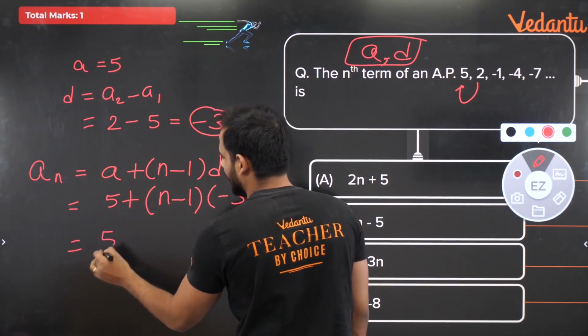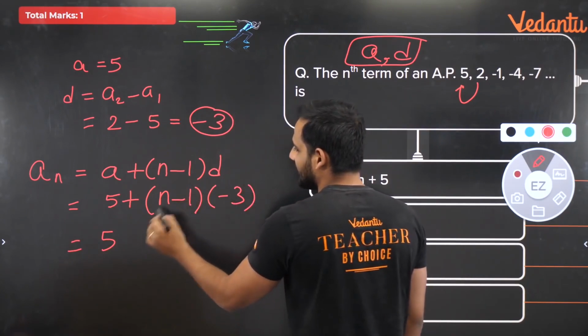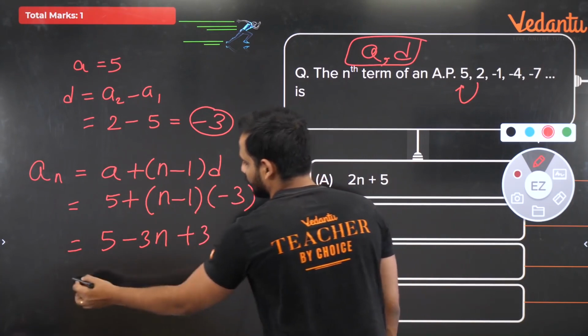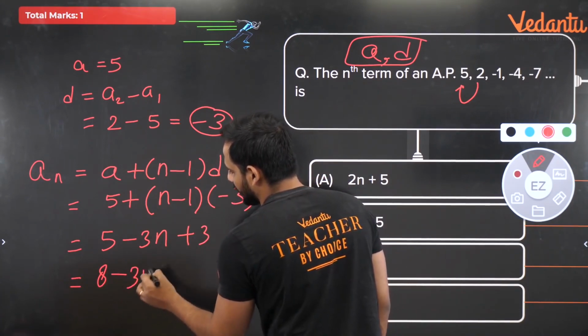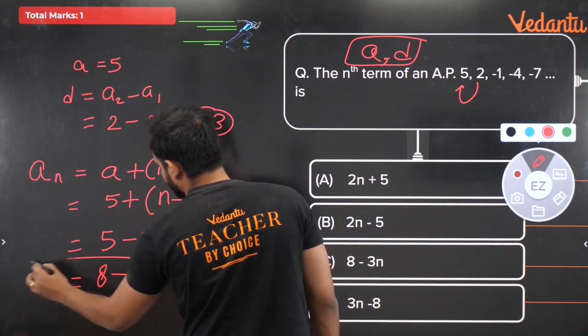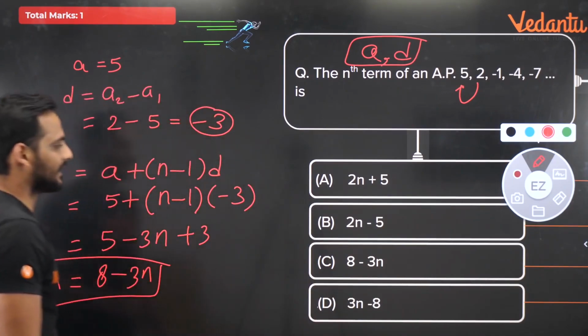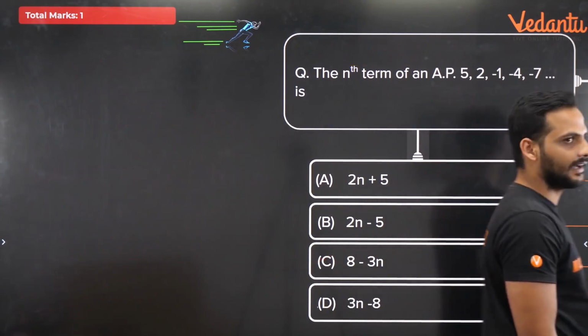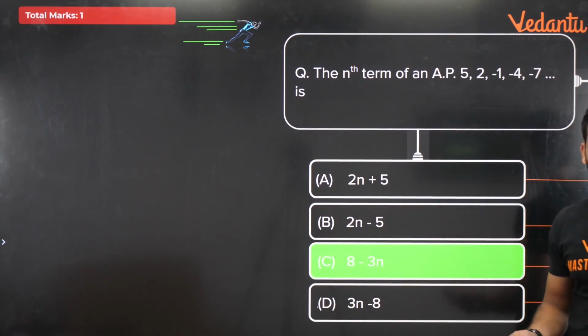So you will get 5, then minus 3 into n is minus 3n, minus 3 into minus 1 is plus 3. So you will get 8 minus 3n. So the general term of this AP will be 8 minus 3n, which means option C is your correct answer.